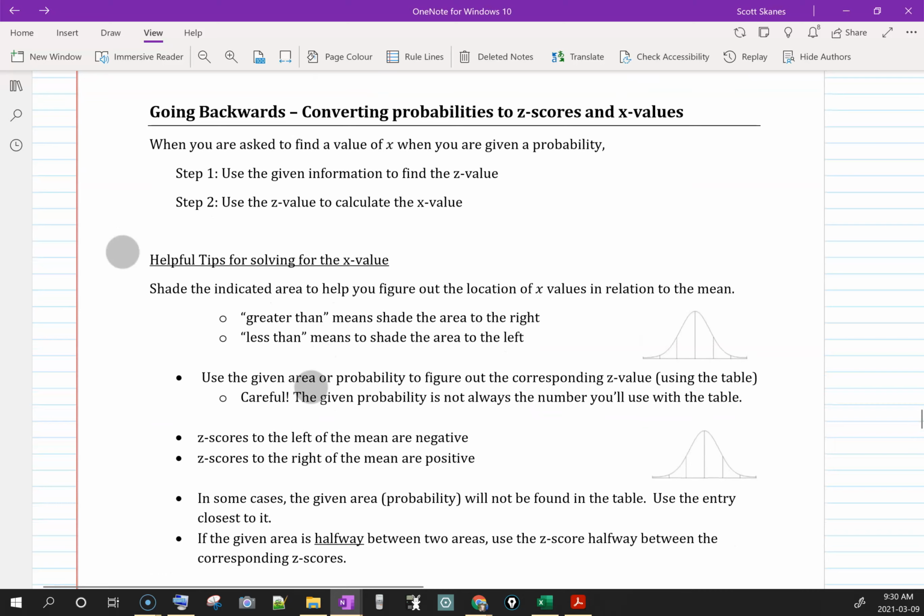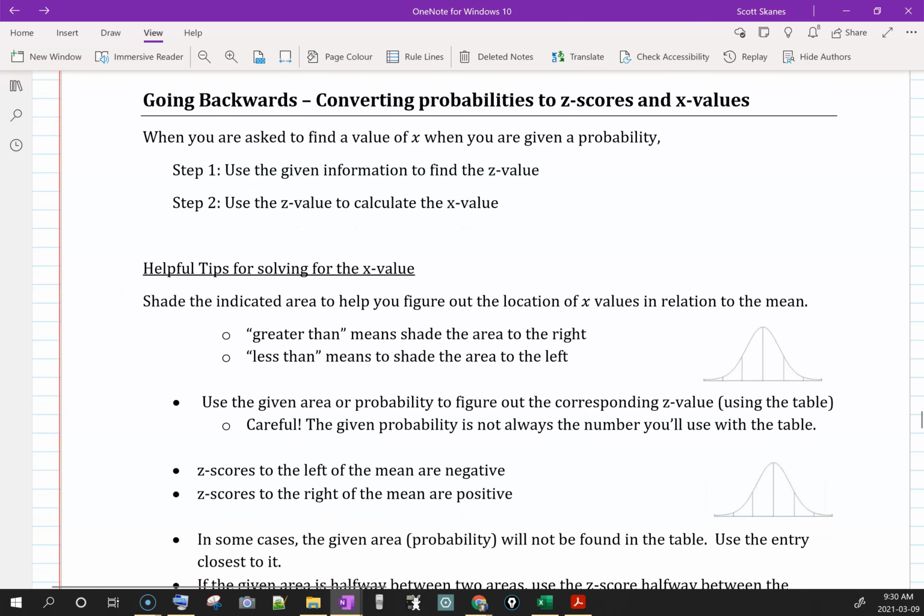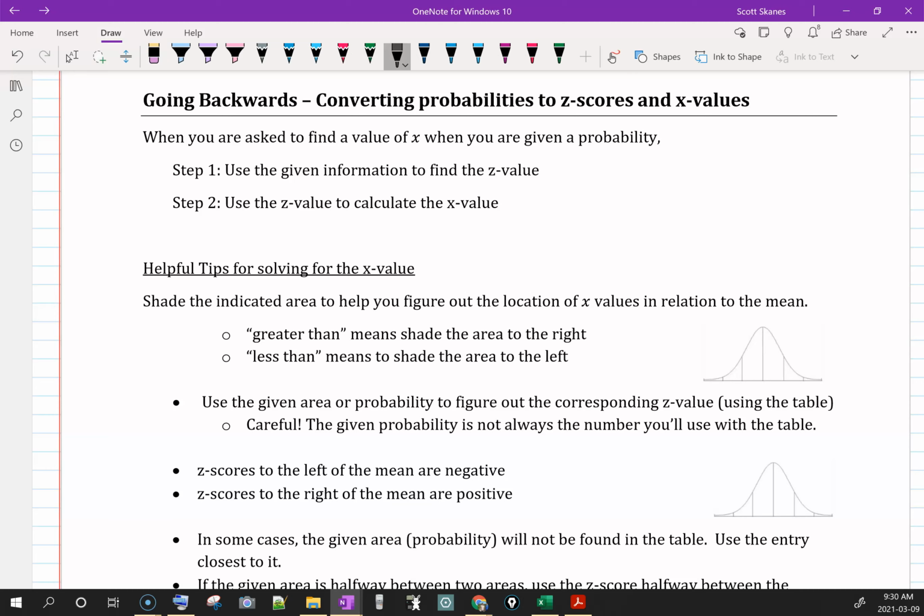So our next step, which is kind of the only step left really in a lot of ways, is going backwards. First we have gone, let me just draw you a little diagram. What we were dealing with just then is we were going from z values to probabilities. This would be kind of like our forward direction, okay?